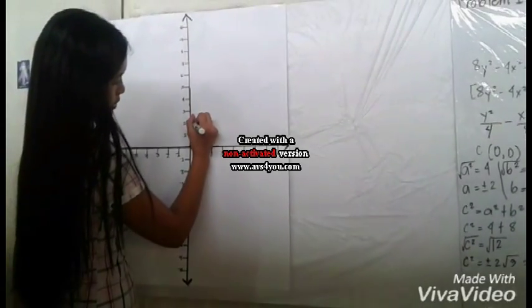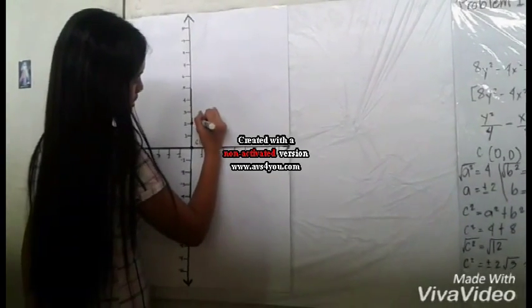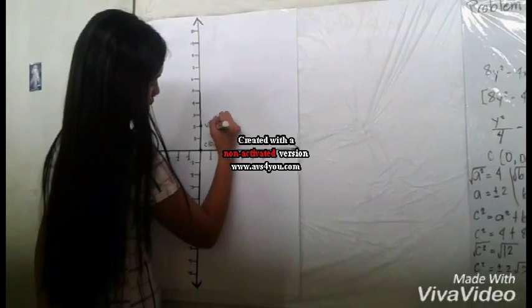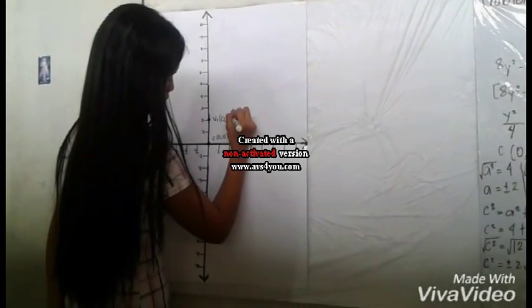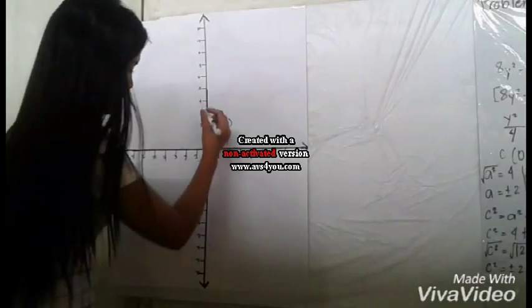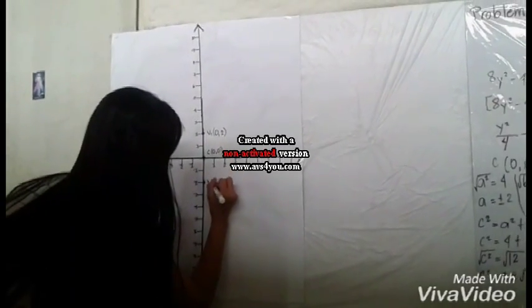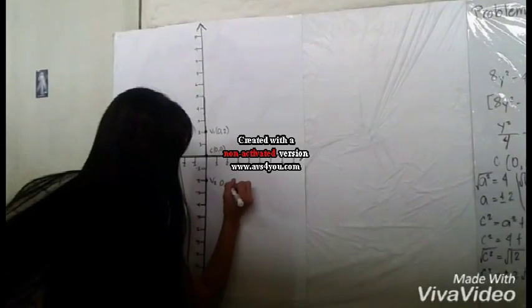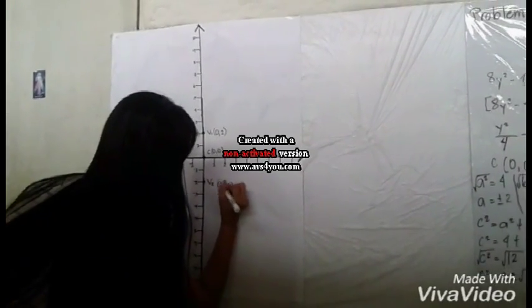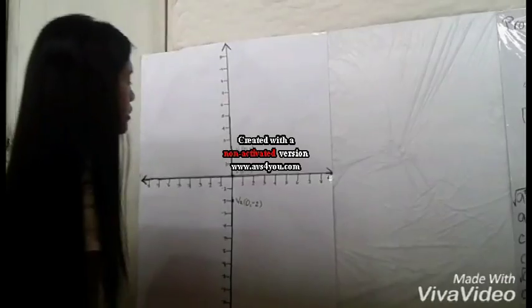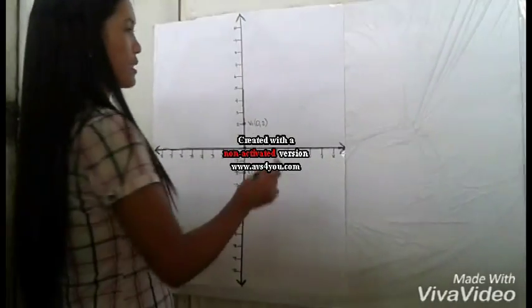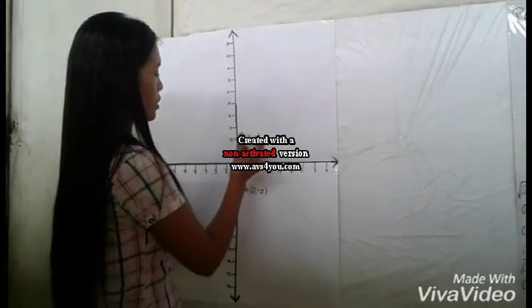So here, this is our vertex 1, 0, 2. And our vertex 2 is 0, negative 2.